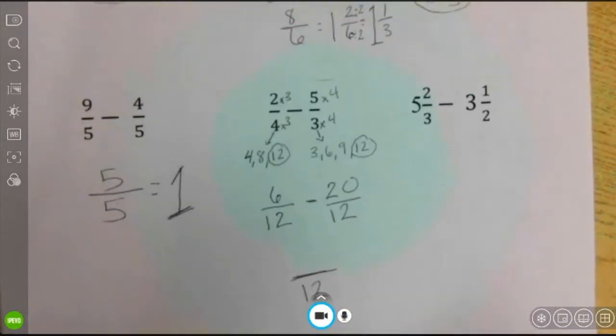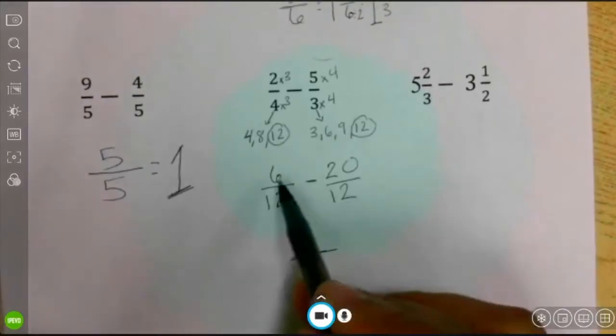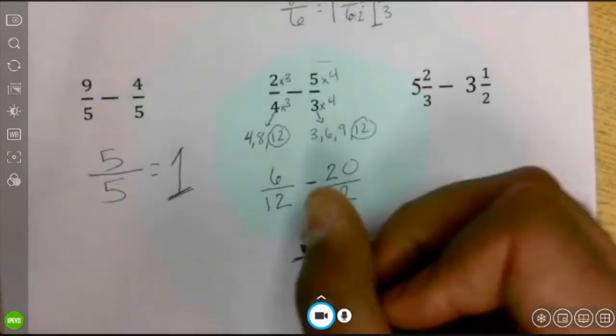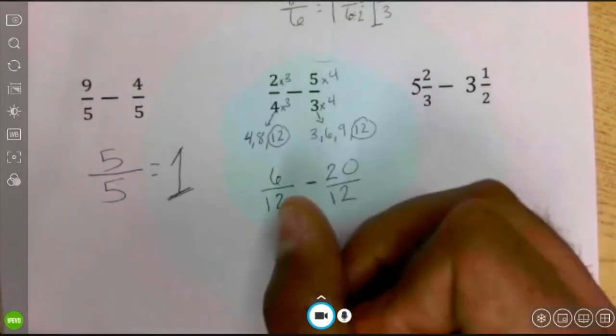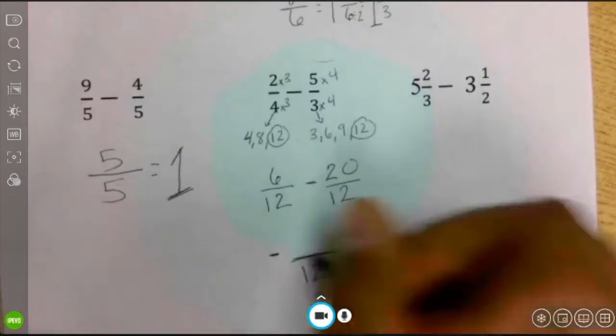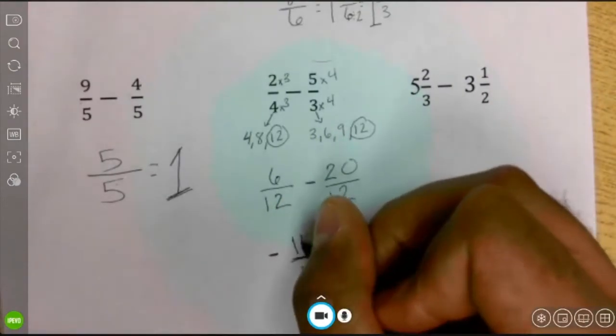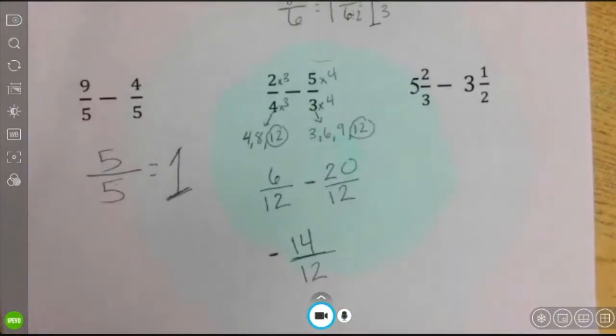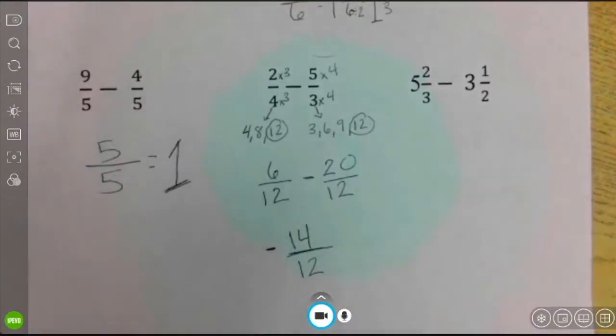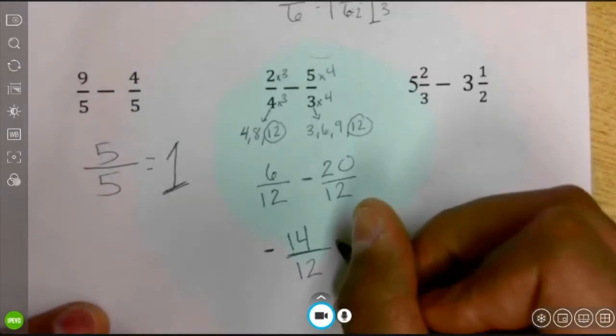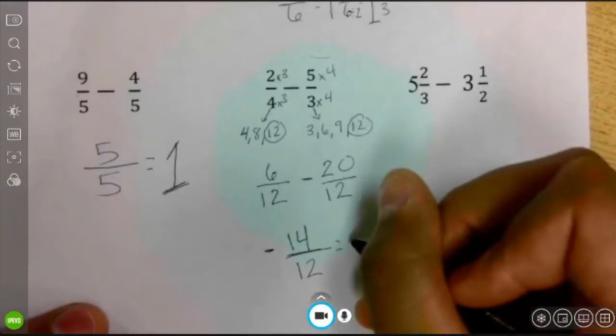So no matter what, my answer is going to be over 12. Then 6 minus 20 is a negative 14. All right, we have an improper fraction, so let's change that improper fraction to a mixed number.